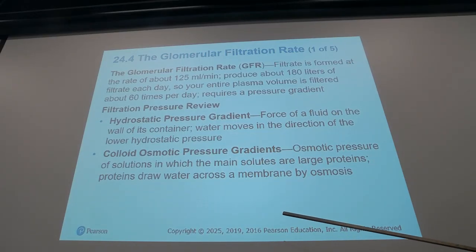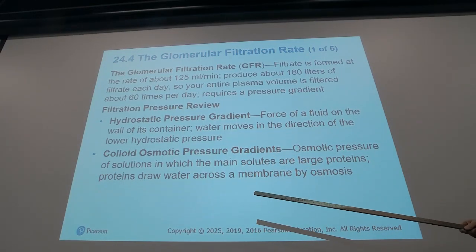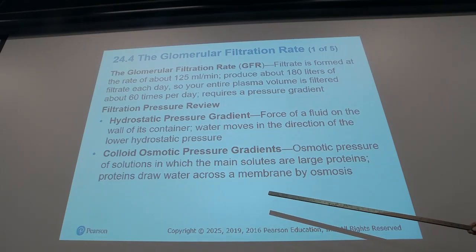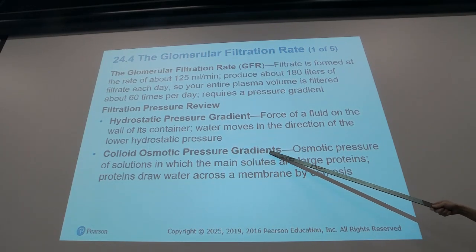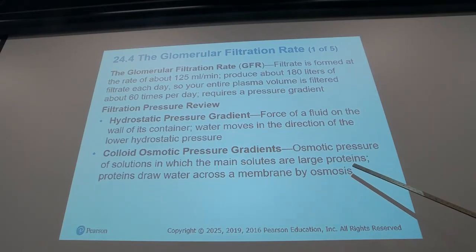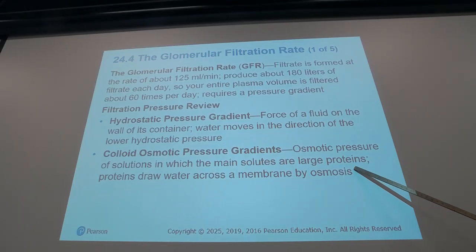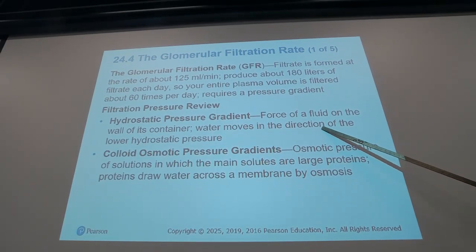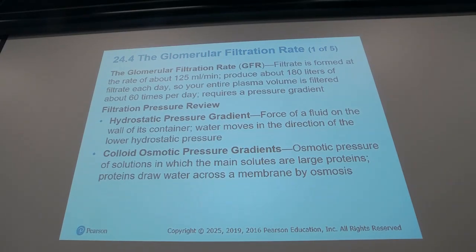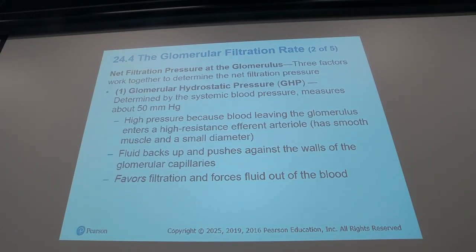Unless someone has glomerulonephritis, of course, proteins will go into the capsular space, but let's talk about the normal. So since we only have proteins inside the capillaries, that's where we have the colloid osmotic pressure. And the colloid osmotic pressure opposes the hydrostatic pressure. While hydrostatic pressure tends to make the fluids go out of the capillaries, oncotic pressure makes the fluids come in. So they are antagonistic pressures.